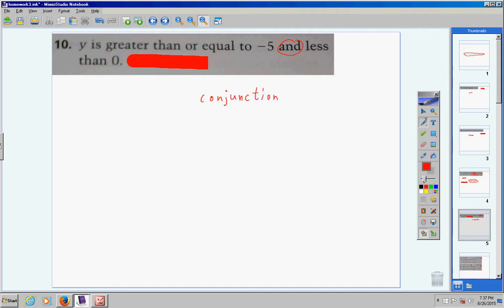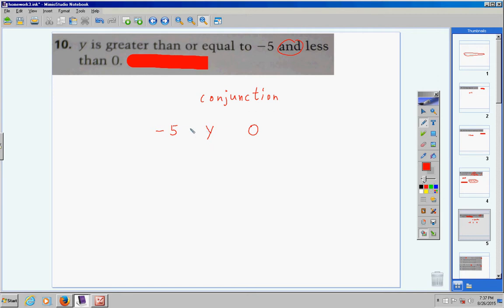So here we go. Put your smallest number to the left, your larger number to the right, and in this problem you're dealing with y, not x, so put y in the middle, okay?